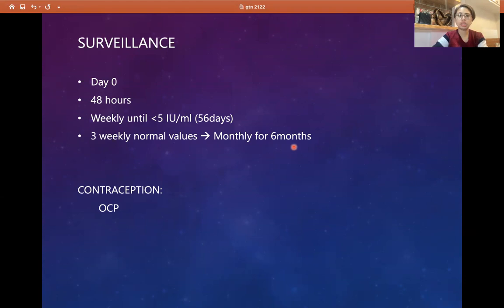So IUD is contraindicated because the uterus is large, perforation can occur. And so oral contraceptive pills are the most ideal, because as HCG cross-reacts with the luteinizing hormone, the oral contraceptive pill inhibits the action of the LH. So again, apart from contraception, it counteracts the action of the luteinizing hormone.